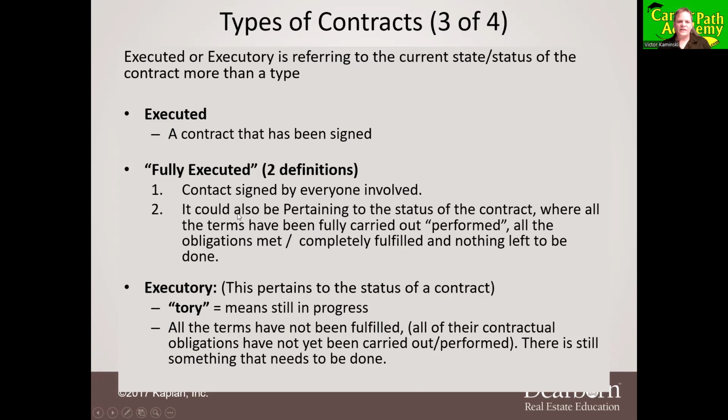I rarely, if ever, hear anybody use them to describe the status of a contract. But usually we use the term executed or fully executed a lot, and that's usually pertaining to signatures, whether it's attorneys or real estate agents. Usually when we throw around the term executed or fully executed, we're talking about, was a contract signed? Was it signed by everybody?